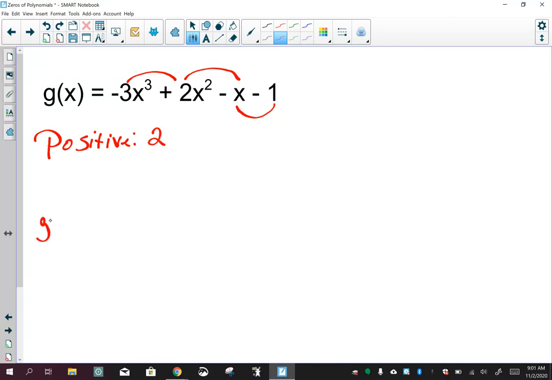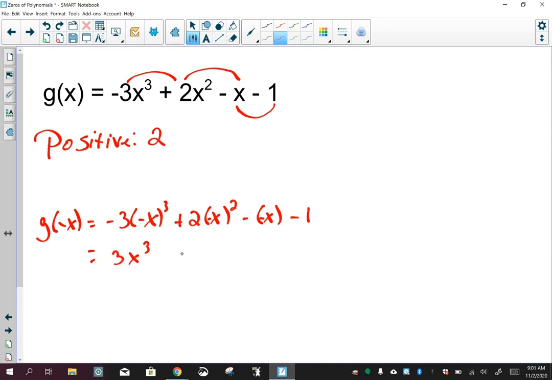Replace all the x's with a negative x, and then simplify it so you can see if you have any more sign changes. When I clean that up, I get 3x to the third, plus 2x squared plus x minus 1.